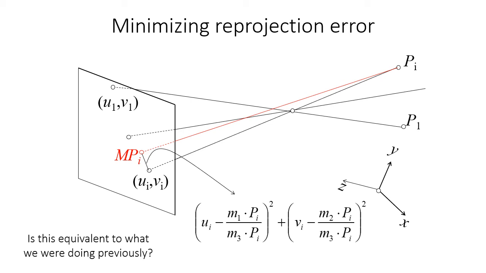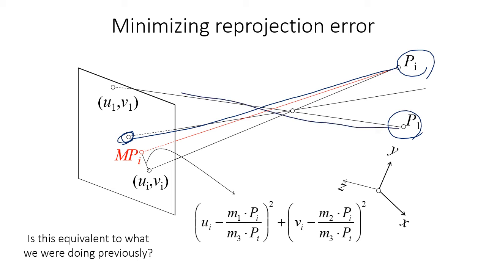This 3D point P, using the estimated P, we can have a projected point here. And also another P1, we have a projected point here. So we want to minimize the distance between the real image point and this projected point.